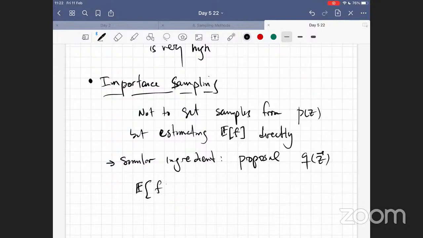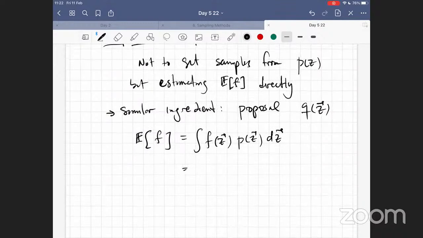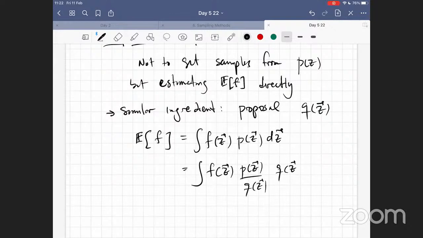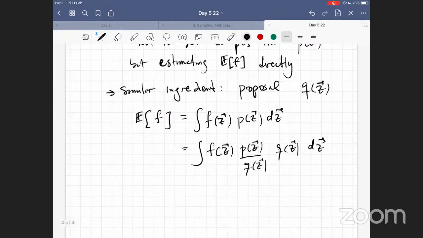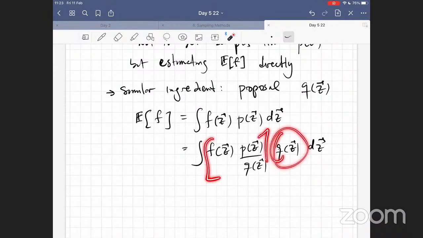So the idea is to rewrite this expectation that we have here as f of z, and then I multiply and divide by q, like this. And then I can approximate this integral by sampling from Q and evaluating this factor here.